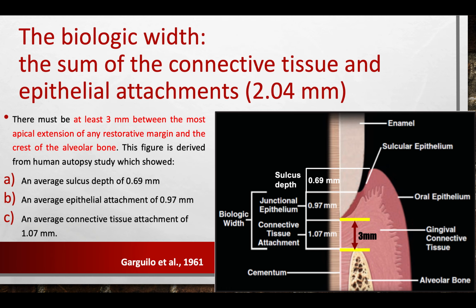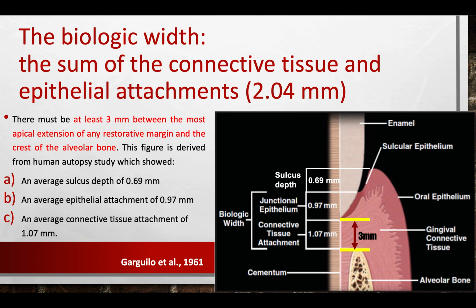What is the biologic width? It's the sum of the connective tissue and the epithelial attachment around the tooth. It's been estimated that it is just more than 2 millimeters. So it has been advised that you should keep at least 3 millimeters between the margin of your restoration and the crest of the alveolar bone.